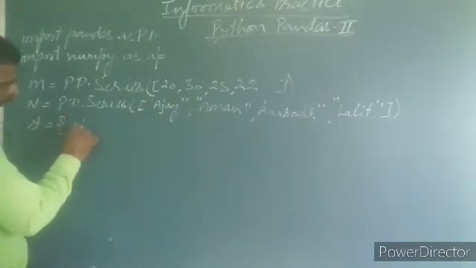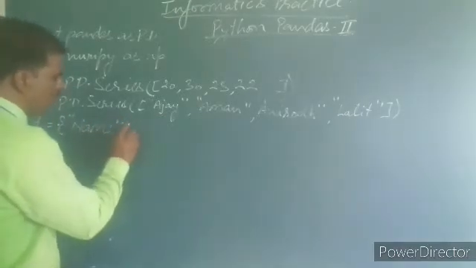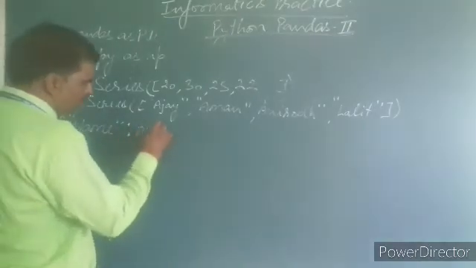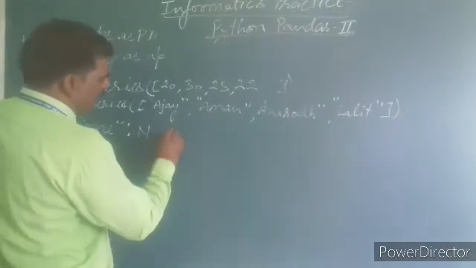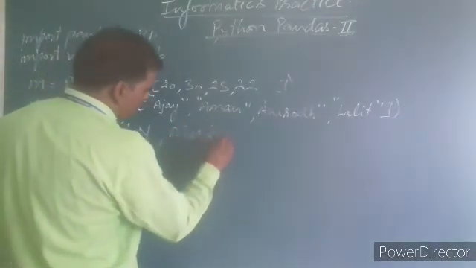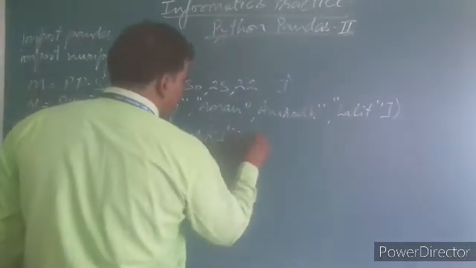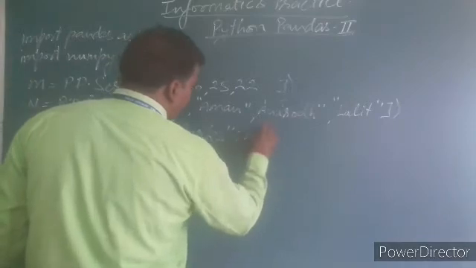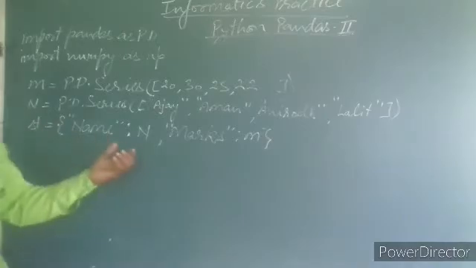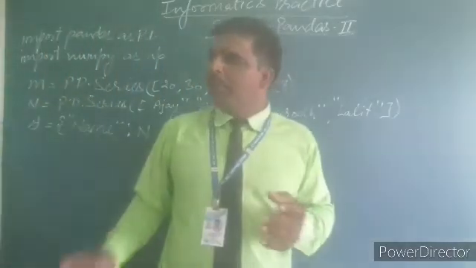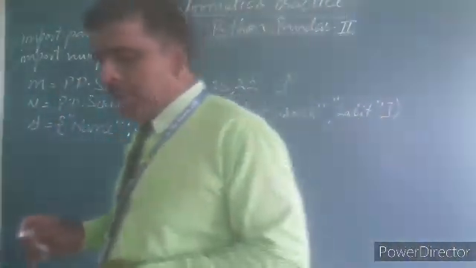After that, name colon n, comma, marks, within that we have written m. It means all these things can be kept in the form of a dictionary with the help of columns, with the help of keys we have stored here.